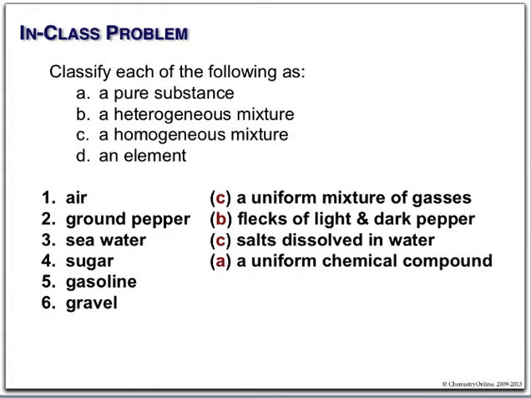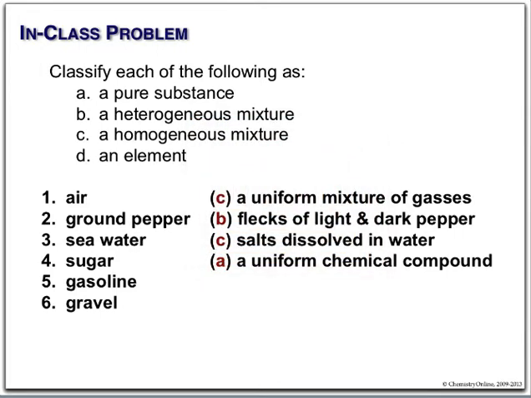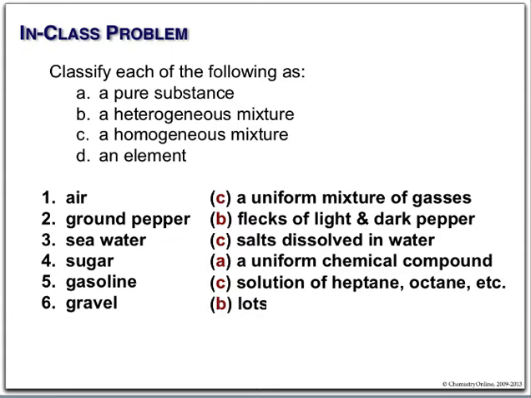Sugar is a chemical compound. This is sucrose. It contains carbon, hydrogen, and oxygen, always in the same composition, the same ratio, and actually the same spatial arrangement. Gasoline is a mixture of hydrocarbons, and gravel, as we've seen, is a classic example of lots of little rocks.